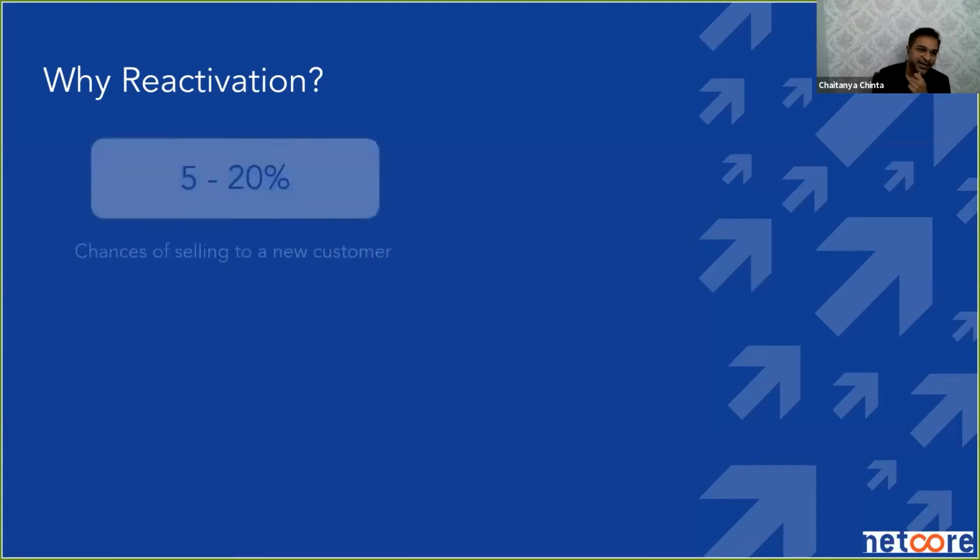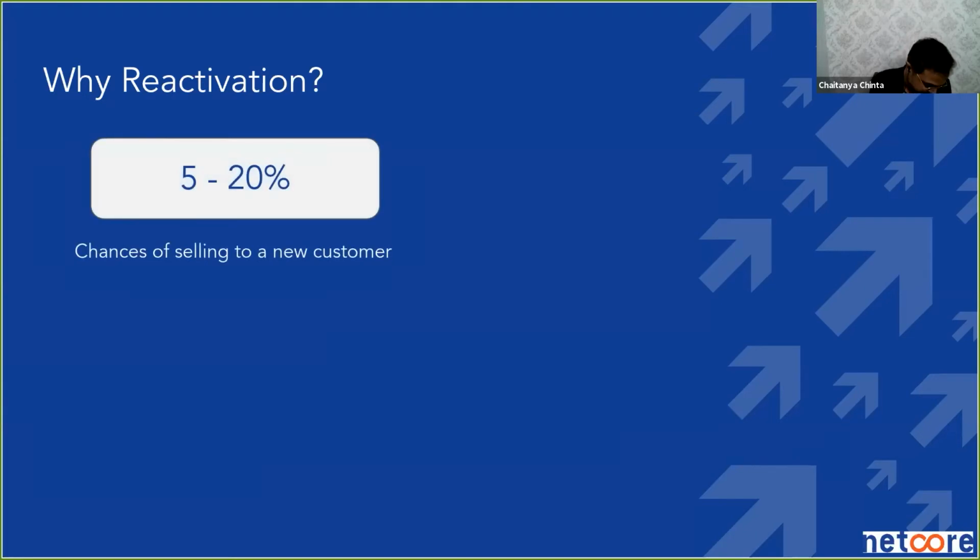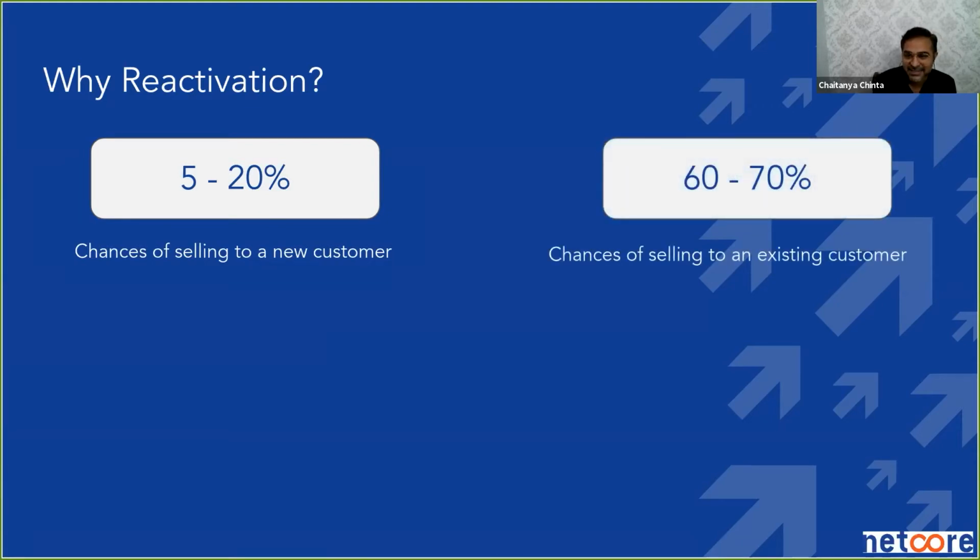So reactivation, for any e-commerce brand, this is a common understanding, right? The chances of selling to a new customer is about 5 to 20%. At the same time, the chances of selling to an existing customer is about 60 to 70%. So if you have an existing active customer, the chances of selling your product to that customer is about 60 to 70%.